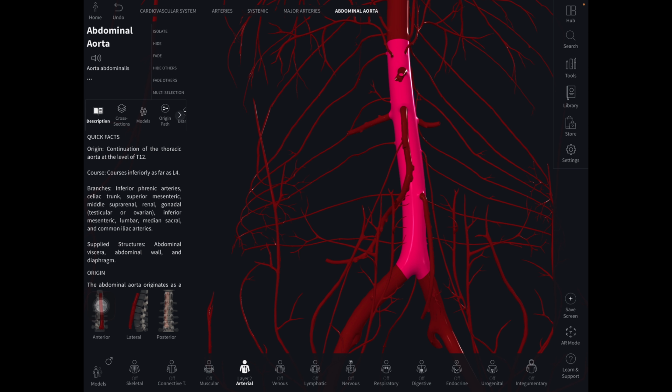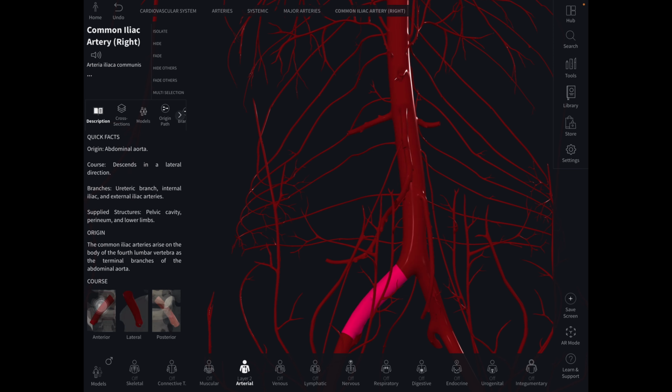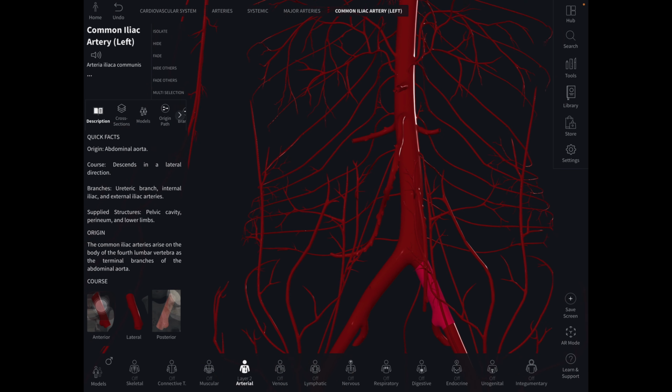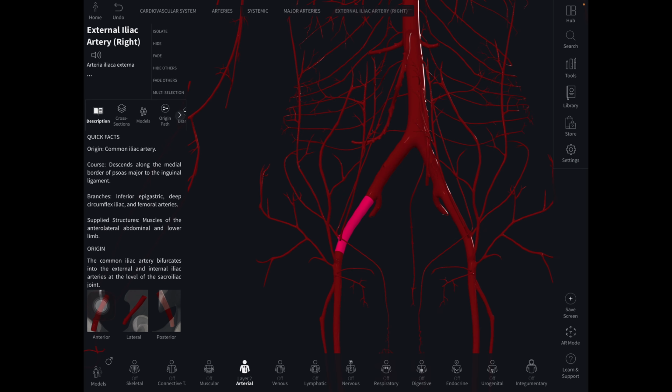At the branch of the aorta, so the abdominal aorta is what we're looking at now, and then there's a bifurcation and it becomes the iliac arteries. And there's right and left, and they're the common. And then the iliac arteries, their main branches as they pass through the opening in the pelvis, becomes the external iliac artery.